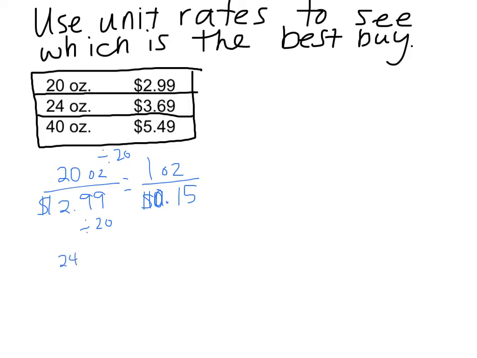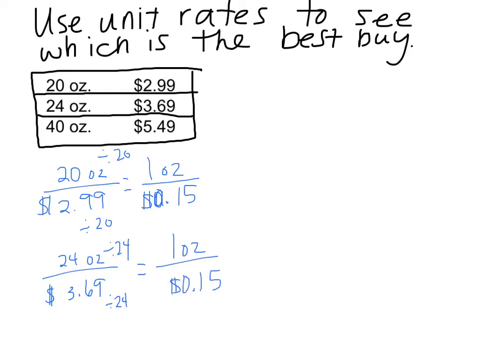So the second one I'm going to set up, and I'm going to do the same thing. 24 ounces over $3.69. So I divide both of those numbers by 24, divide by 24, and that gives me 1 ounce costs, and I'm going to round to the nearest hundredth again, 15 cents. Now I need to go back and look at my calculator, and I need to put down some extra numbers because they're the same.